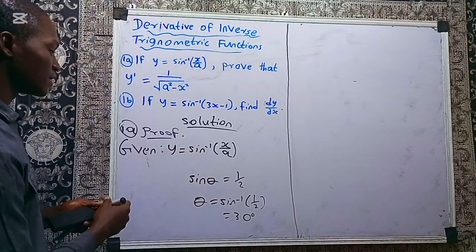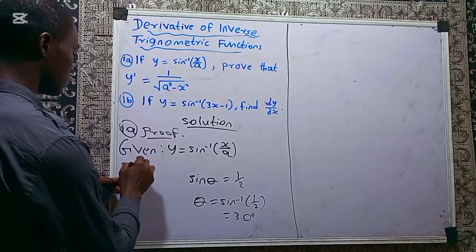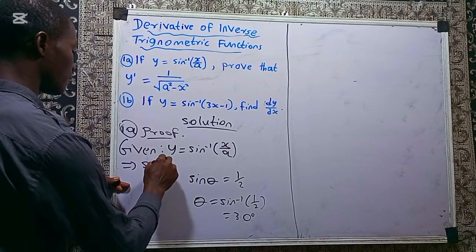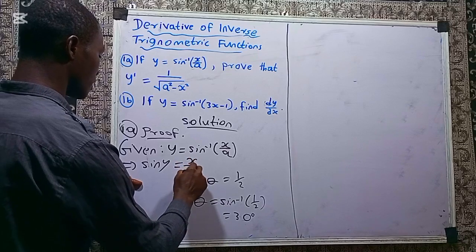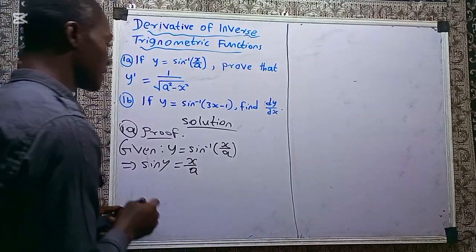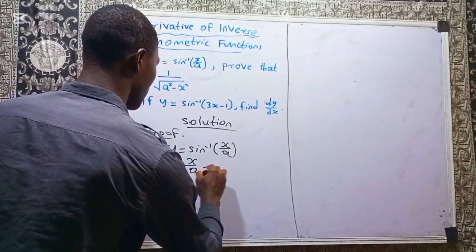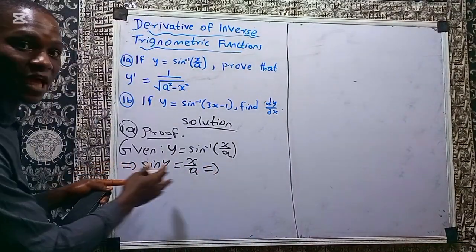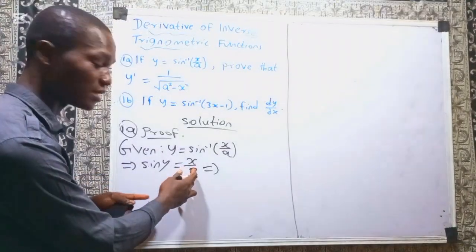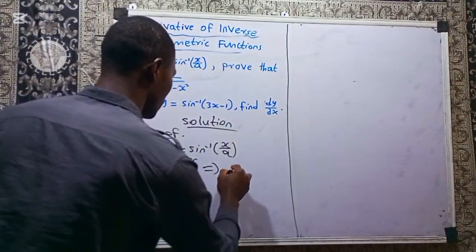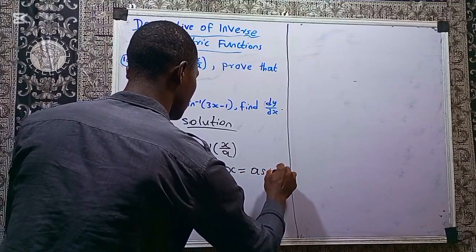So if you compare this equation, this simply implies that sine y equals x over a. And this implies, if you multiply both sides by the denominator here, which is a, you will have that x will be equal to a sine y.